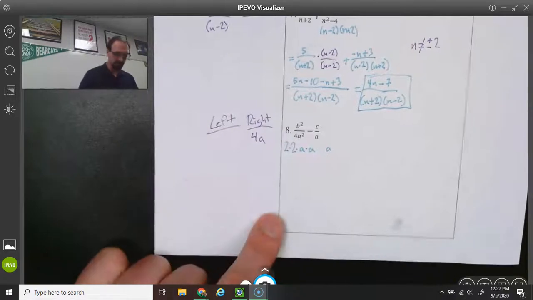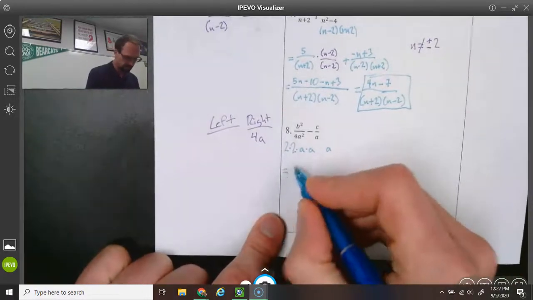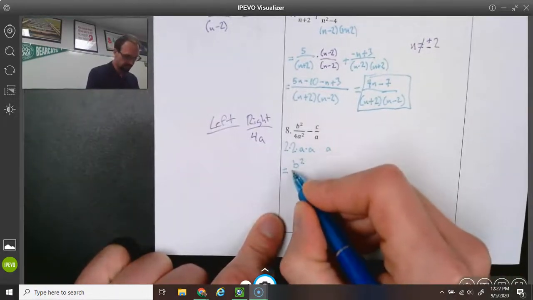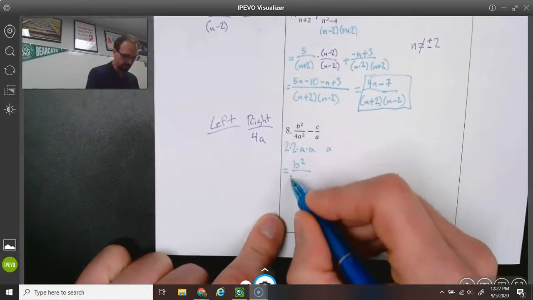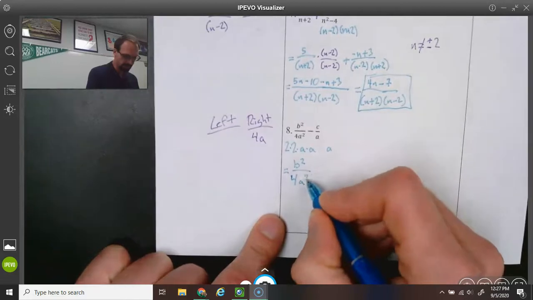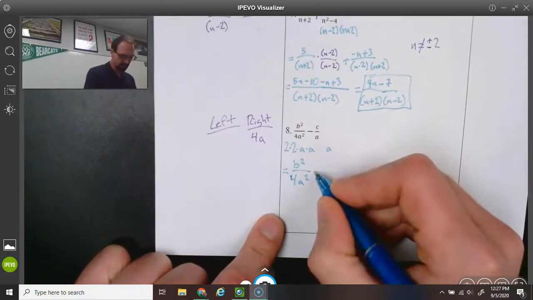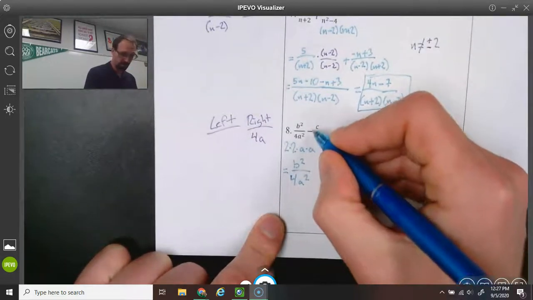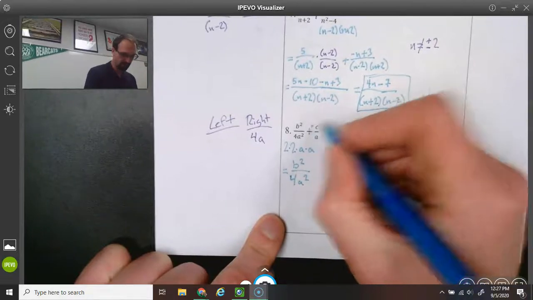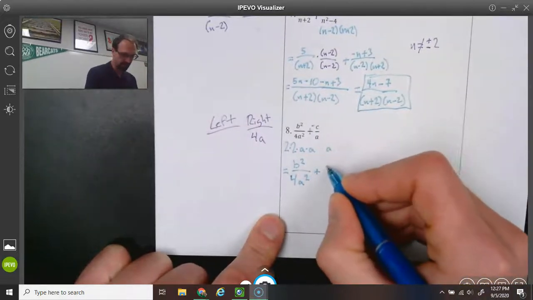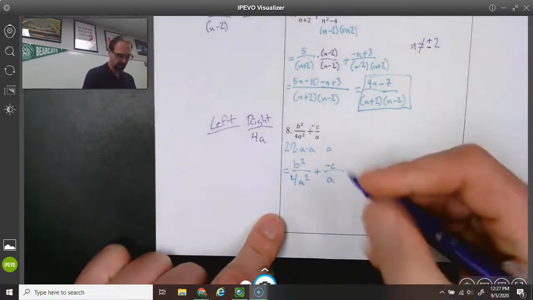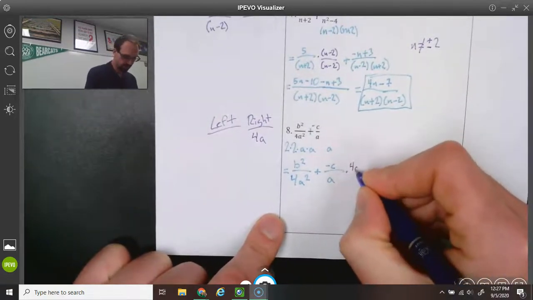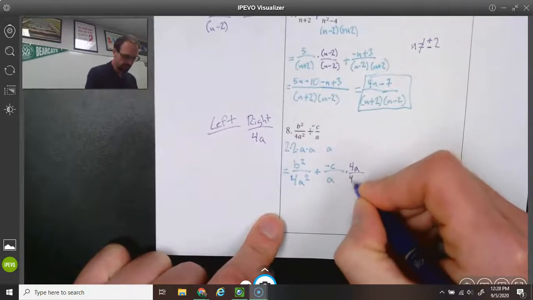So going through and doing that, my numerator here is b squared over, I'm just going to go ahead and combine these as 4a squared, and then minus, okay, now remember, minus, change that to a plus, change the sign of that to a negative, so plus negative c over a times 4a over 4a.